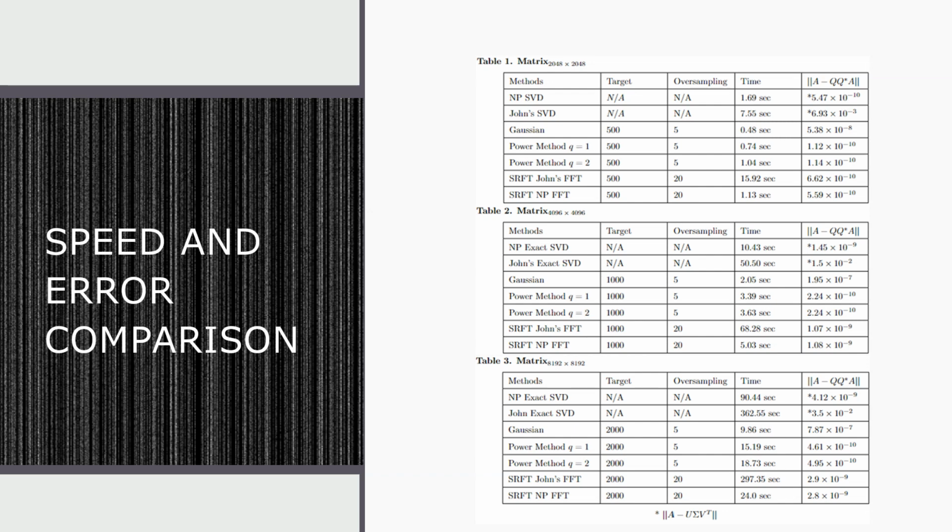Some of the methods even outperformed the NumPy exact SVD in terms of error, which was really surprising, because I thought this was just going to be comparing huge error to a somewhat perfect base case.